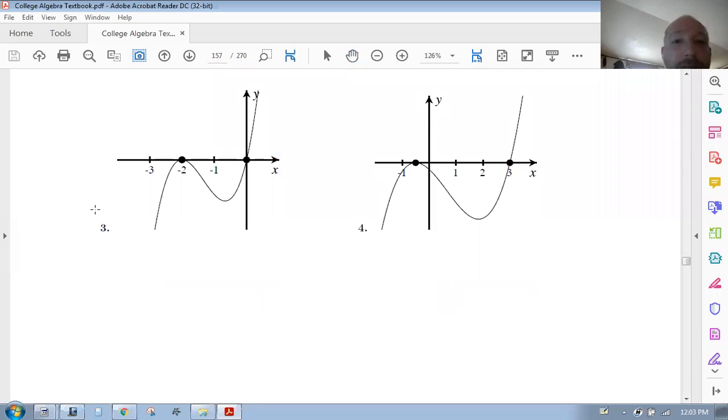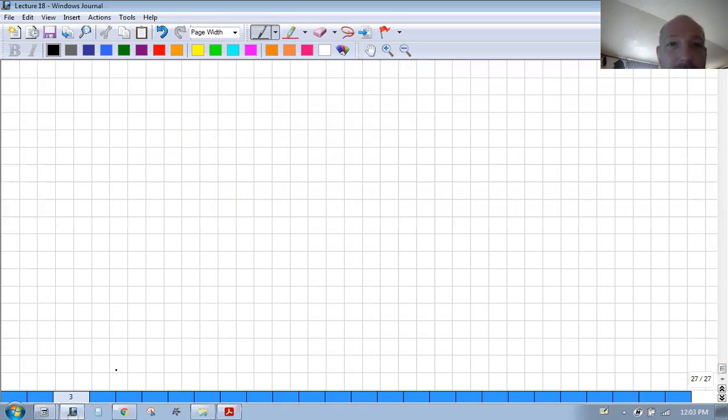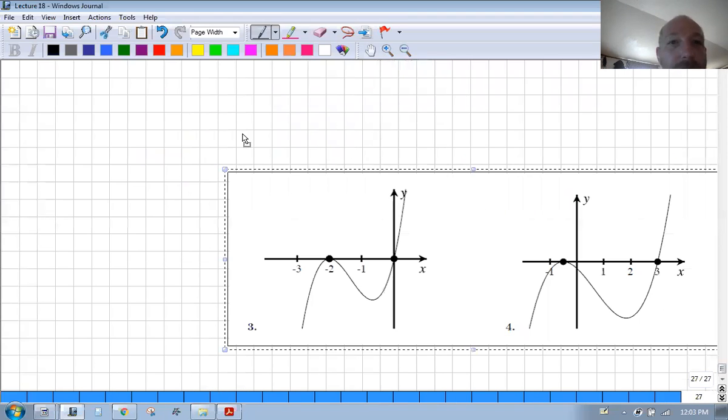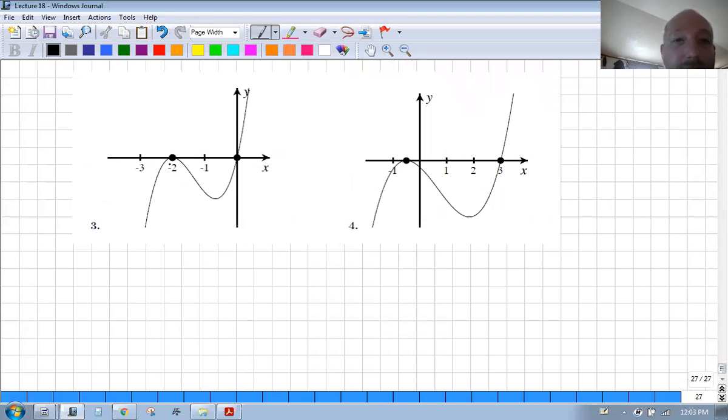Okay, same thing here. So this one has roots at -2 and 0. So this one would be an x minus -2, then an x minus 0, or x times an x plus 2.